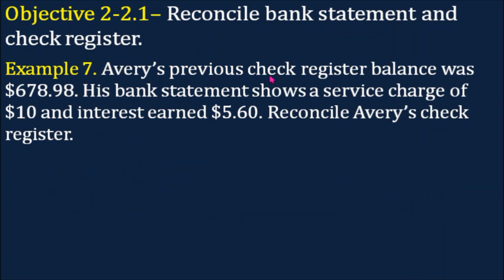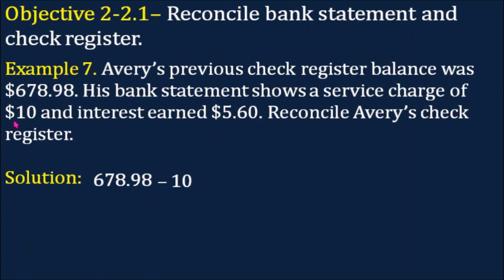Avery's previous check register balance was $678.98. His bank statement shows a service charge of $10 and interest earned of $5.60. Reconcile Avery's check register. So first, we are going to start with the balance, $678.98.